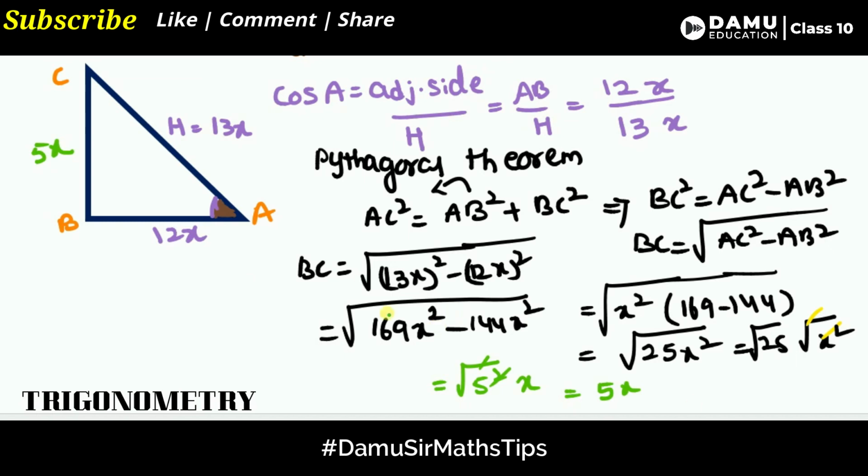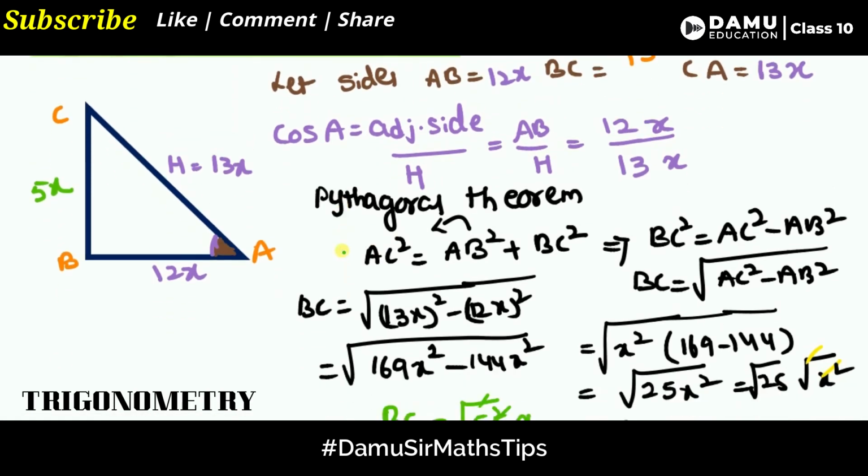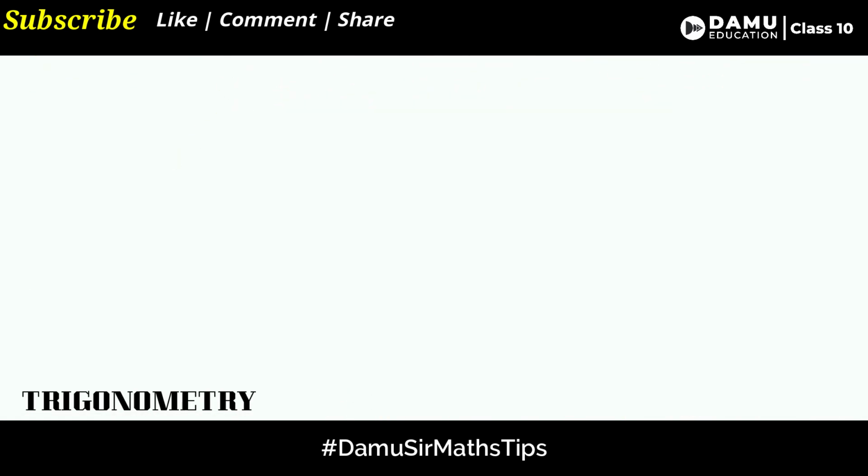This is BC. From these values, let's find out what they are asking, sine and tan. Sine A, they are asking for sine A, that is opposite side by hypotenuse. The opposite side for sine A is BC, by hypotenuse AC.